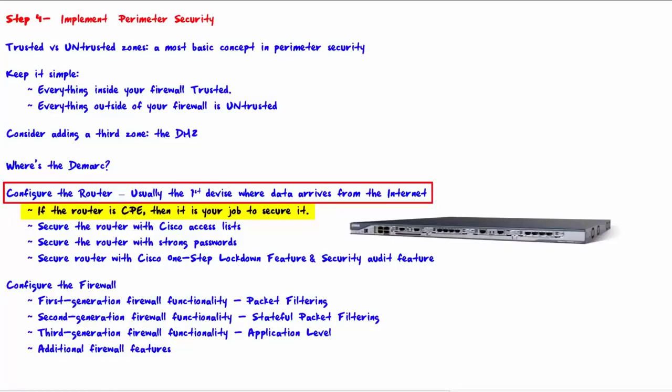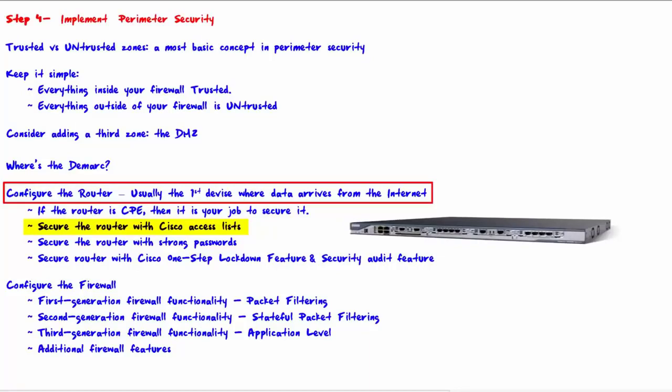Securing the router is most often done by using access lists or ACLs. Secure the router with Cisco access lists. Cisco access lists have both standard access lists and extended. Standard ACLs filter solely based on the source IP address of the packet.